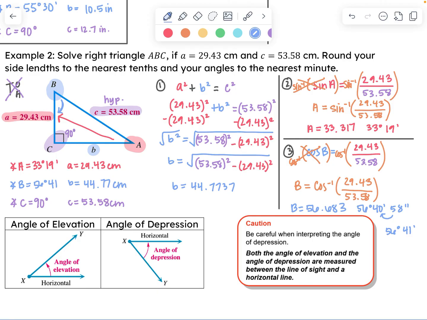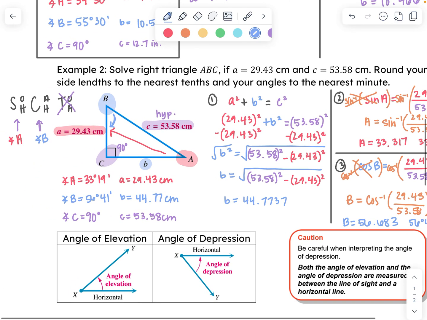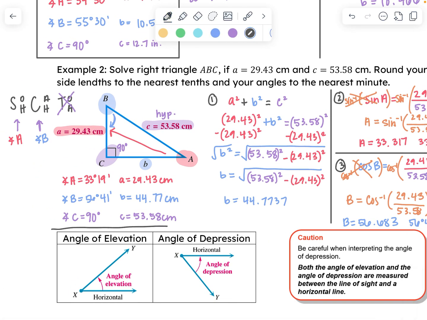Because remember, when we're talking about minutes and seconds, there's only 60 of them. So rounding would be 30 or more would round it up. So make sure you remember that. Then we've got all of our angles, all of our sides, and we've solved the right triangle.